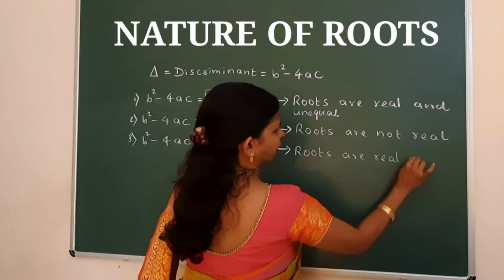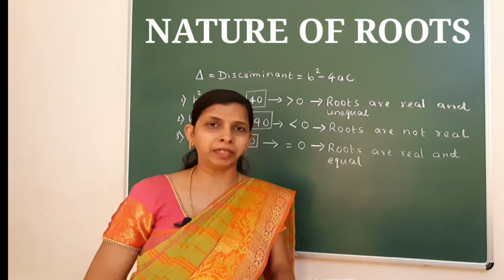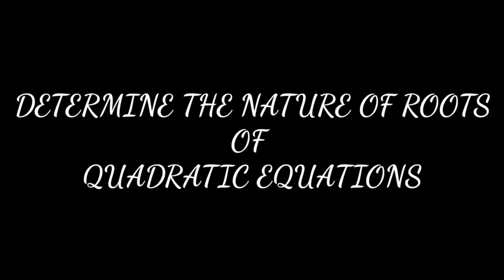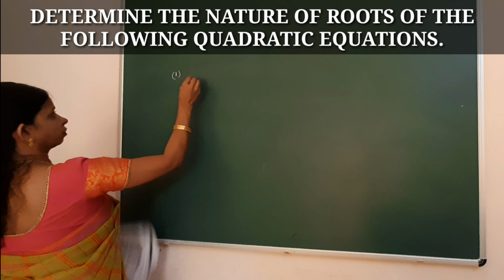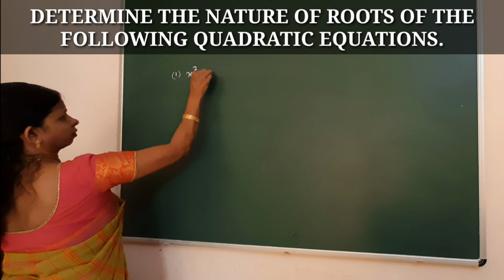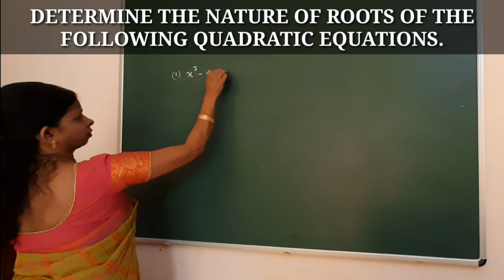Now let us take three different examples and determine the nature of roots. The question is, determine the nature of roots of the following quadratic equations. X square minus 4x plus 4 equal to 0.